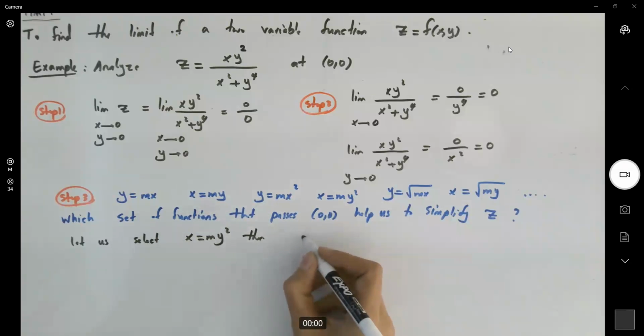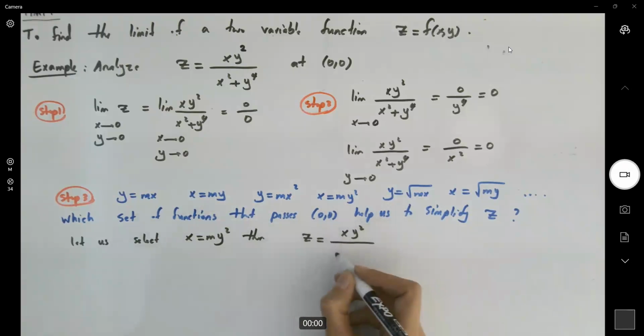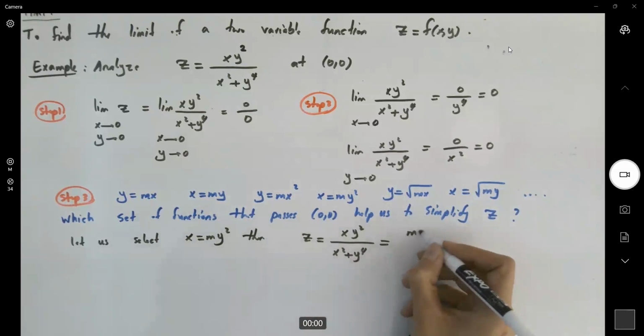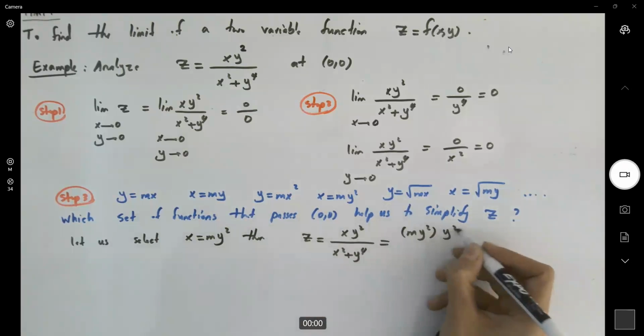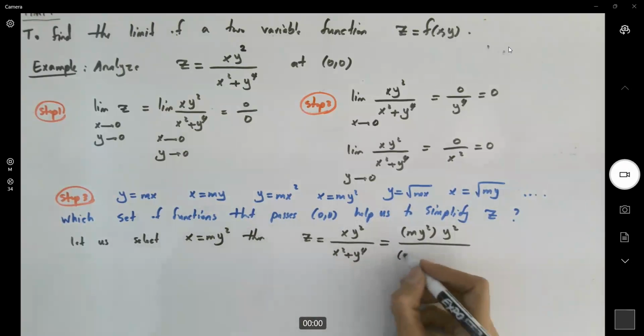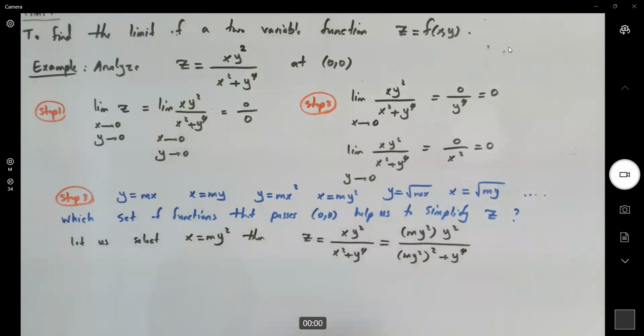Then my function z becomes x y squared divided by x squared plus y to the fourth. X is m y squared, times y squared, divided by x squared. You have exponent 2, so you're going to have m y squared to the second power plus y to the fourth. Pure algebra. There's nothing calculus about this.